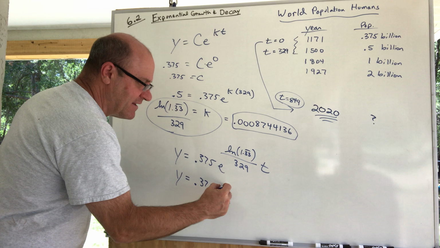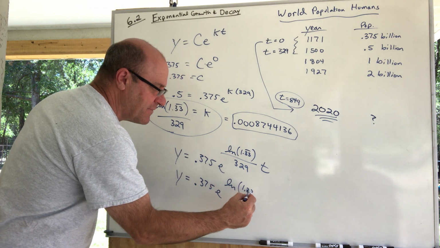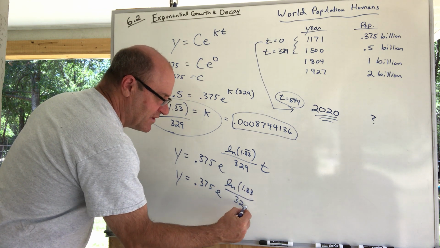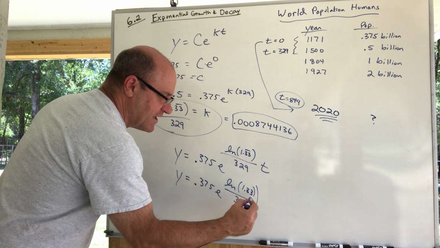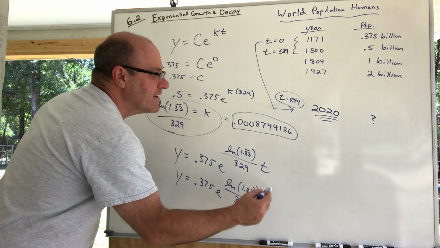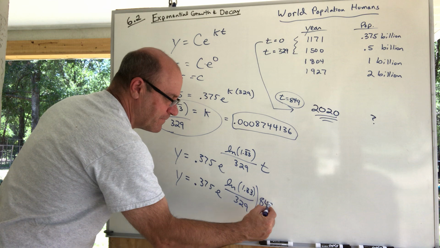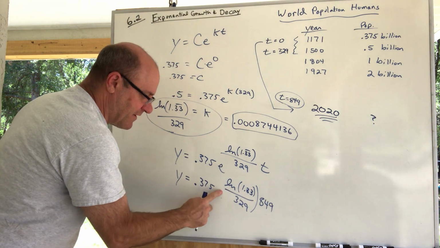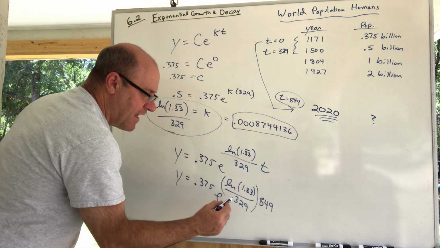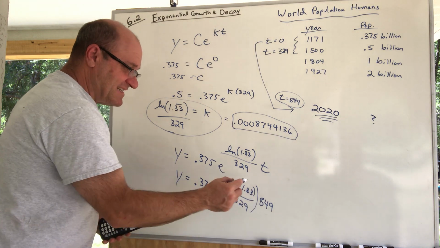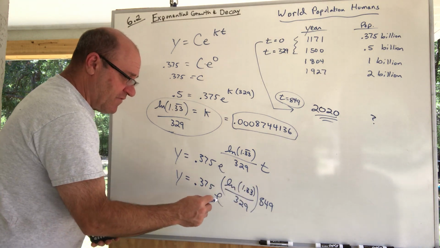So I'm plugging in, I don't know why I'm writing all this for you. Divided by 329, all raised to the 849. I'm sorry, that's not quite the way to say it. 849 times this is the exponent for the e.